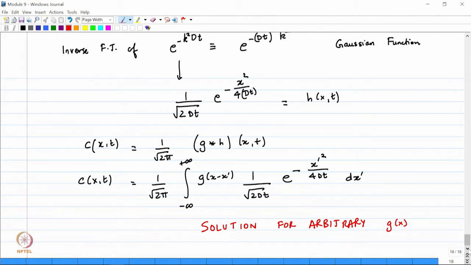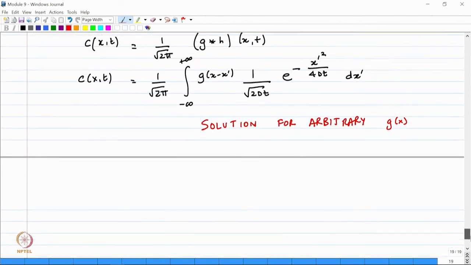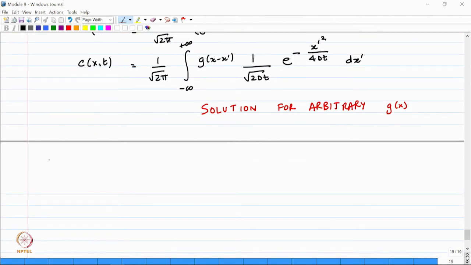Okay. Now, let us look at an example. Suppose g of x is equal to C0 times delta of x. C0 is a constant.